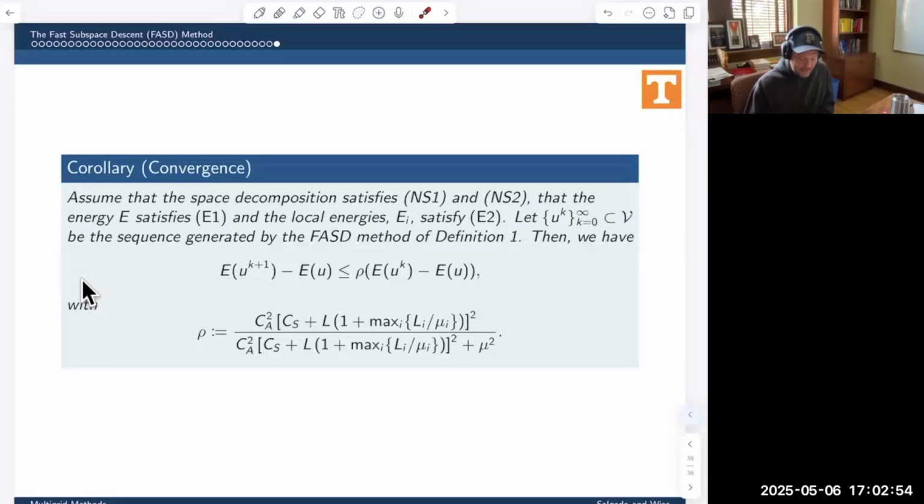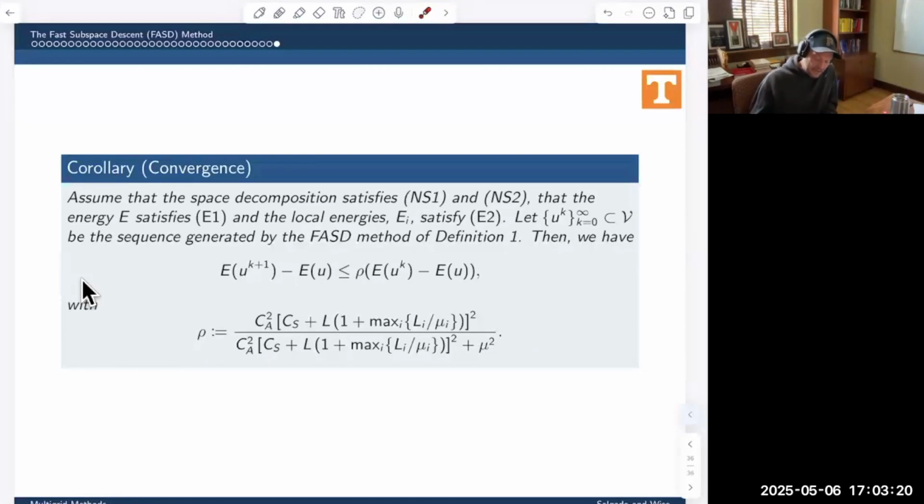I forget exactly what the formula is for calculating this contraction rate rho, but that was part of that little technical lemma, which I'm calling the golden key. So you can go back and look at that. That was just earlier in this chapter. Put the two bounds together, the upper bound and the lower bound, and you get a contraction. And that is it. That is the convergence of that.